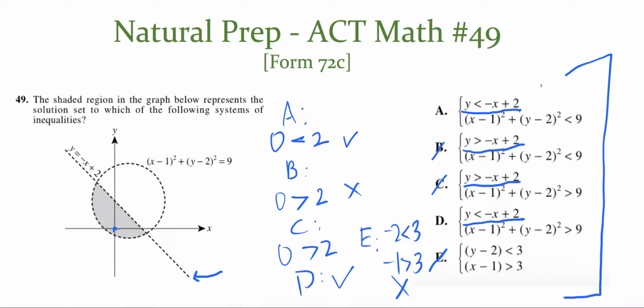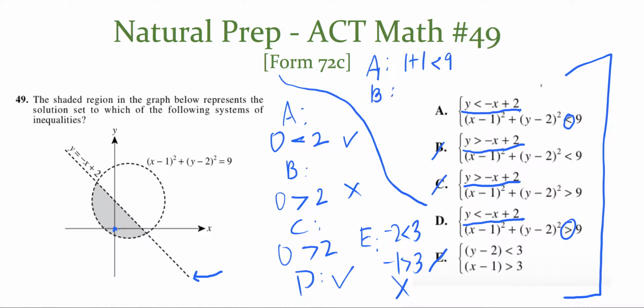So now what's left is the circle. We're given both equations, and they're the same except for the less than sign and greater than sign. So why don't we plug in 0, 0 again and see whether this works. In A, negative 1 squared is 1, plus 1 is less than 9.